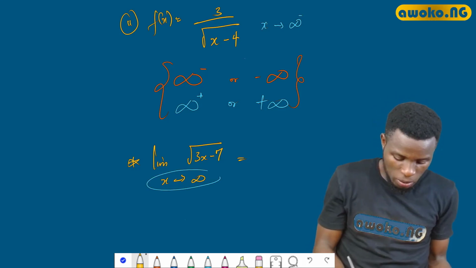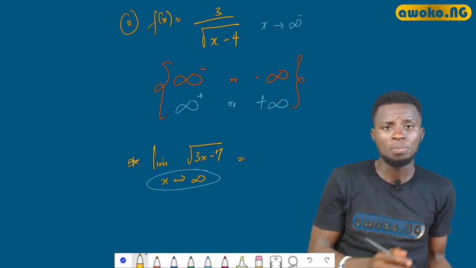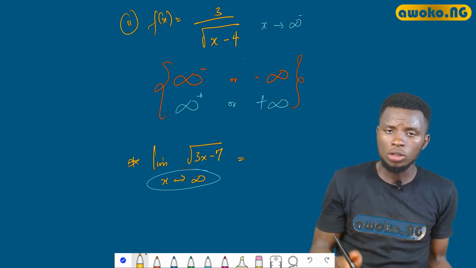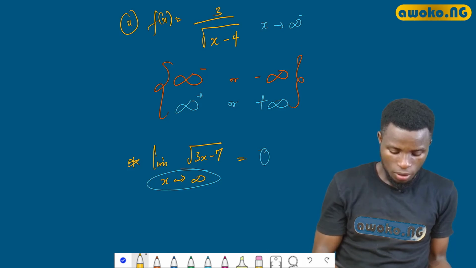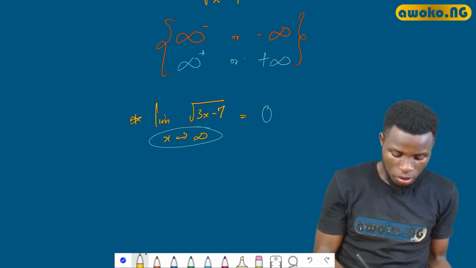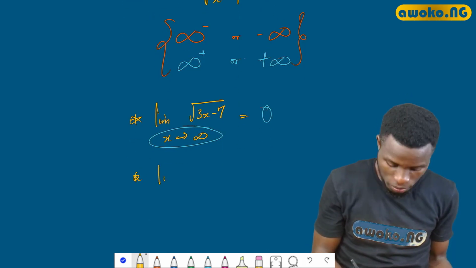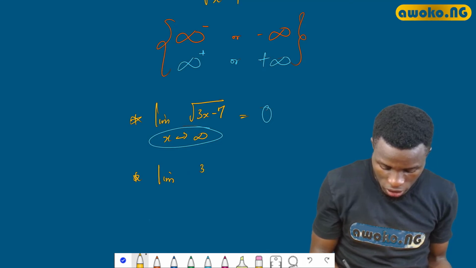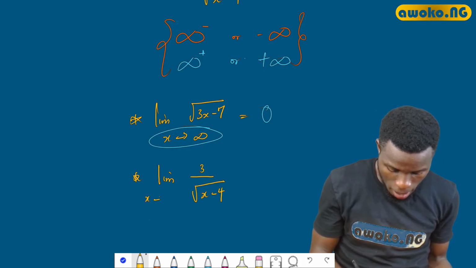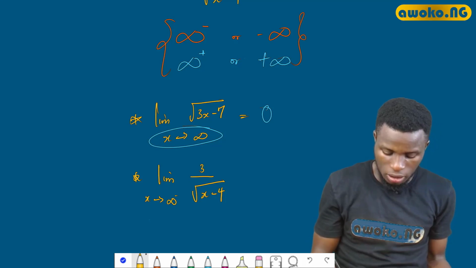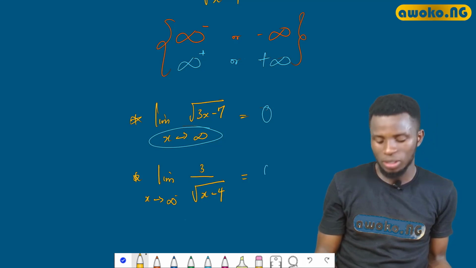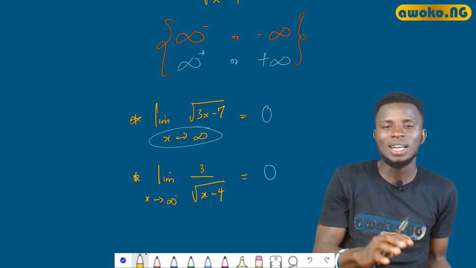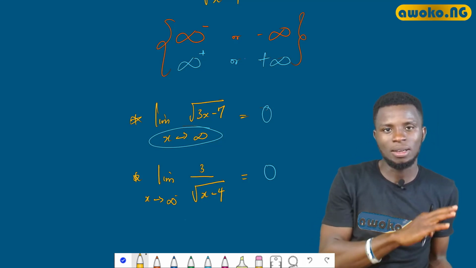Once you check this and it approaches infinity, be it from the left or to the right, the answer is always 0. Therefore, the limit of 3 over the square root of x minus 4 as x approaches negative infinity will also give me a value equal to 0, because it is just seen as a standard in mathematics.